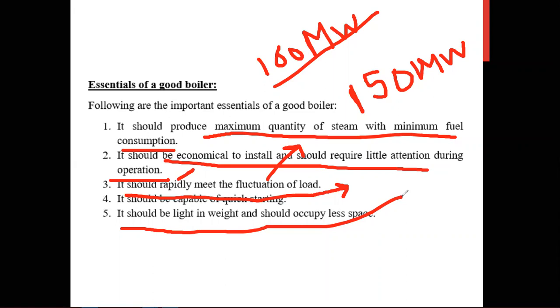Bangladesh, suppose, is a densely populated country, so land is also a problem. We cannot make a big boiler which takes so much land. Even the steam power plant takes a big amount of land, but still a good boiler cannot take so much land. So these are the essentials, the good characteristics of a boiler.